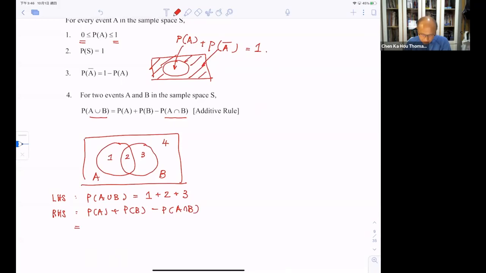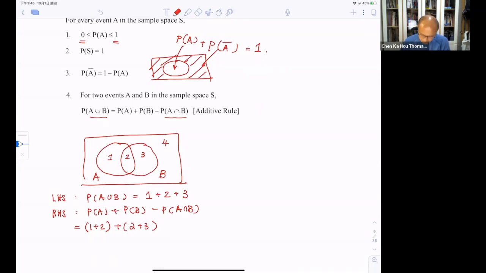P(A), from the diagram, is 1 plus 2. Now don't mix up, don't think that P(A) is 1. Okay, only 1 is called A only. P(A) is not only A only; you also include the parts that are in other sets. So P(A) is 1 plus 2, and P(B) is 2 plus 3. Okay, get it?